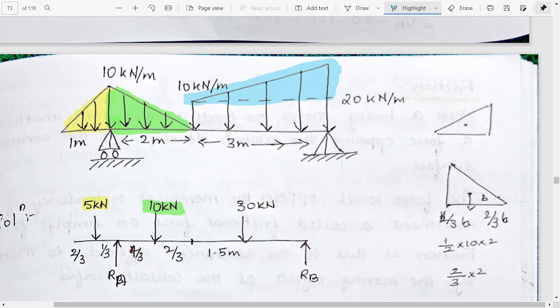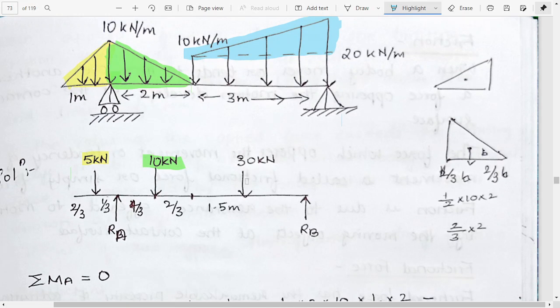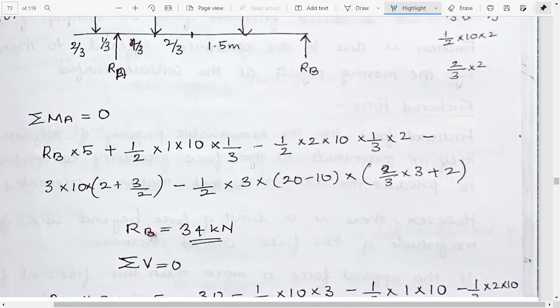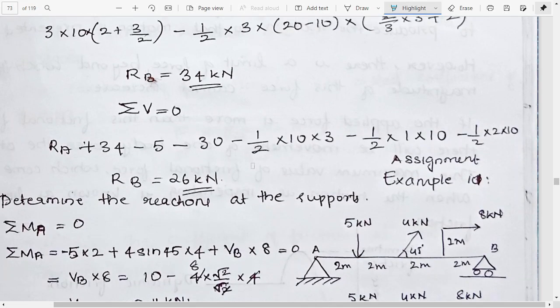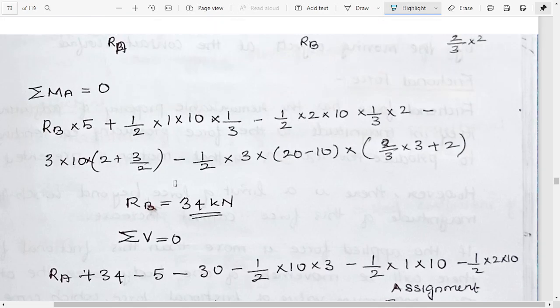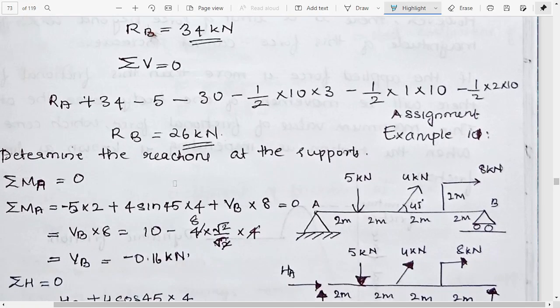Then we can calculate 3 into 10, which is 30. So we can just draw it in this manner also. Then we can find the summation of MA, then summation of FY, then we will get the value of RB.